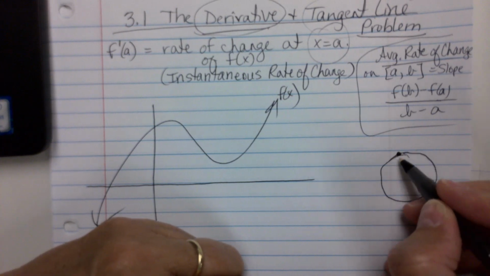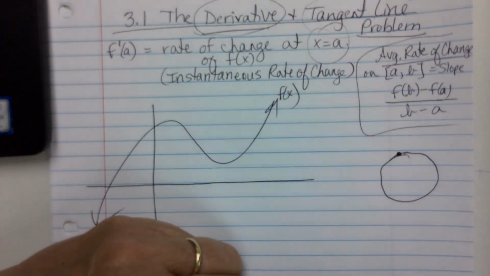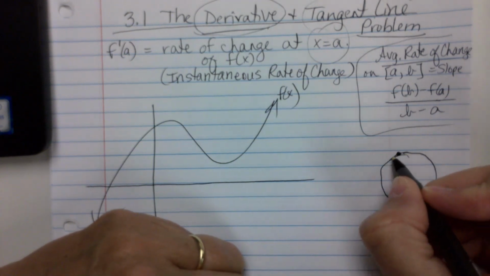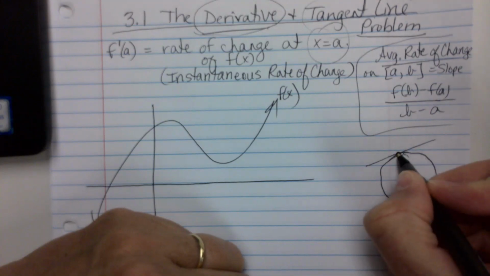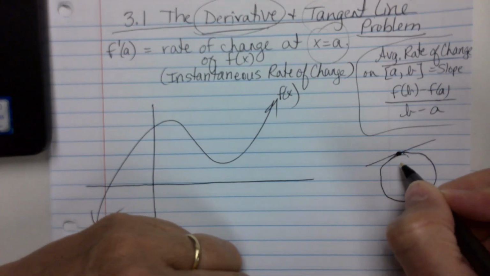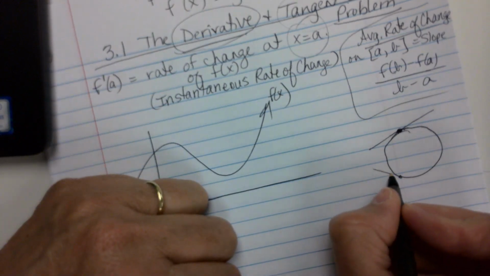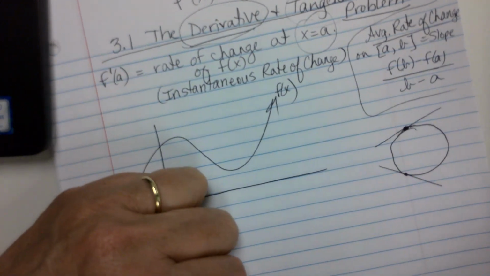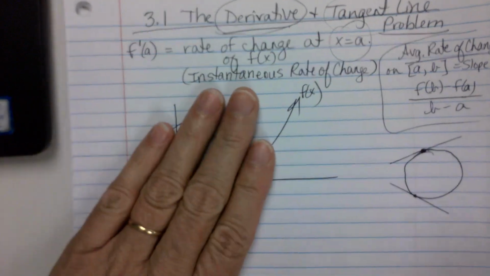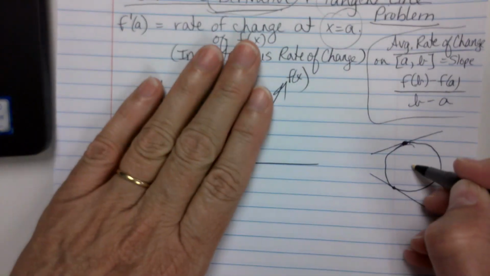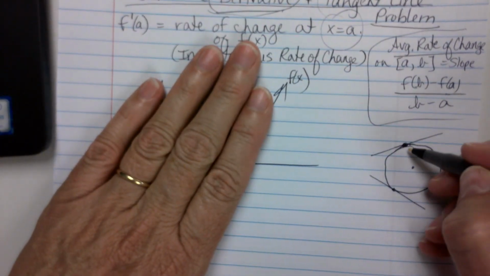Guys, when I taught geometry, the idea of a tangent line, I just said it's just a line that intersects that circle in exactly one point. So there could be tangent lines all over the circle. And in geometry, someone remembered a lot because they're like, yeah, it's perpendicular.